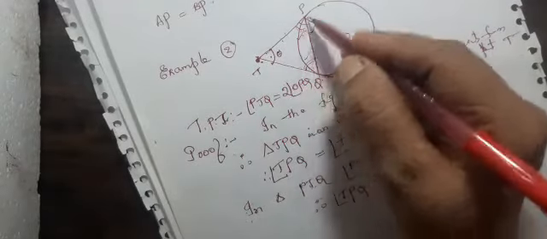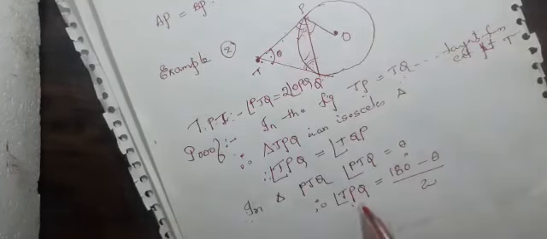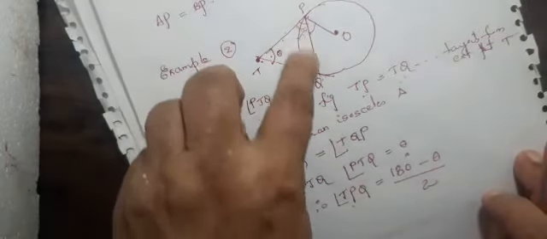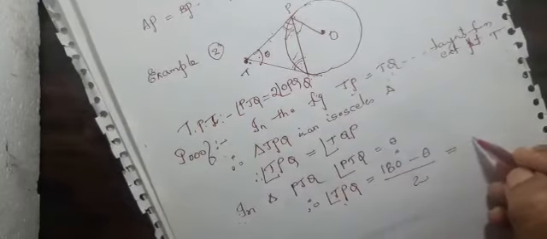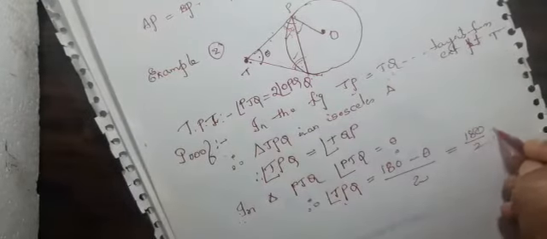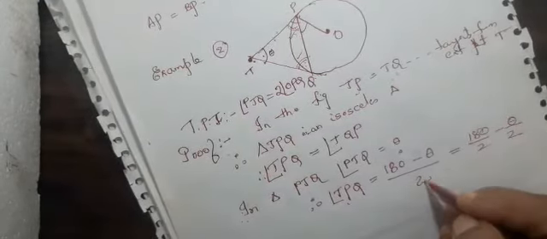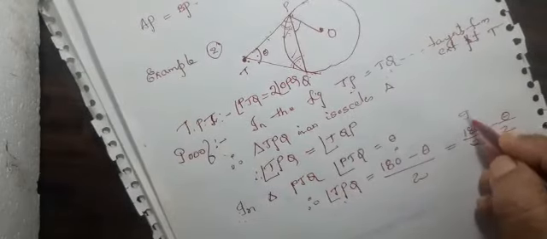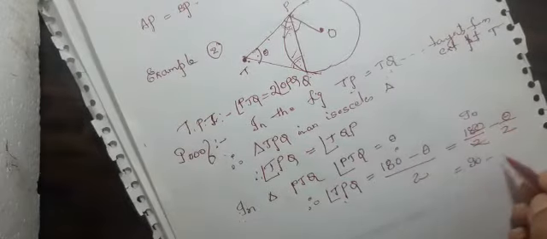So we want TPQ. TPQ is equal to 180 minus theta by 2. Why? Because these two angles are equal. So this will be equal to 180 by 2 minus theta by 2, which is 90 minus theta by 2. This is about triangle TPQ.